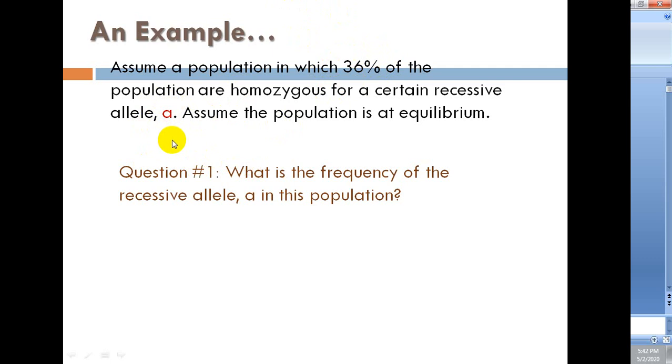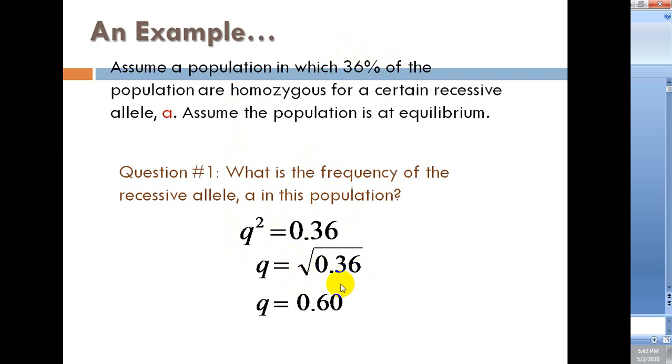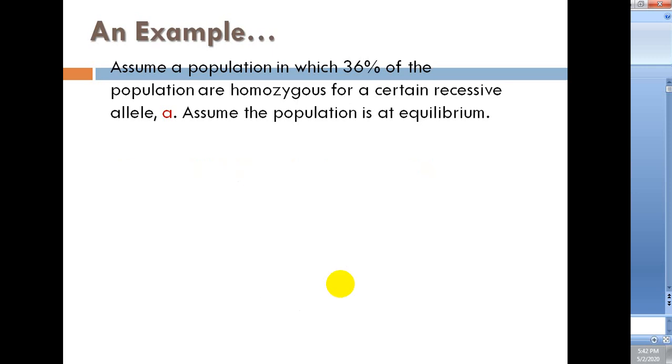So if q square is 0.36, in 100 cases there are 36 homozygous individuals, so this genotype frequency is 0.36. So q square is 0.36, so q will be the square root of 0.36, that is 0.6. So q is 0.6.